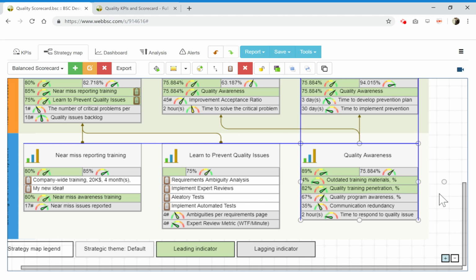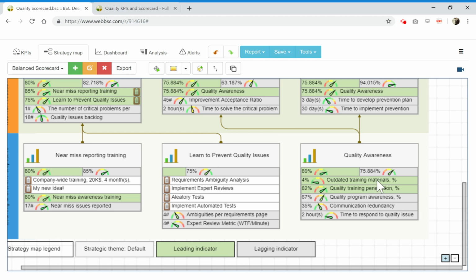Basically, what we're going to measure here is that all training materials should be up to date, and we should try to keep the value of this indicator, the percent of outdated training materials, lower. And we want more people to know about this quality training, so the quality training penetration indicator value should be high.